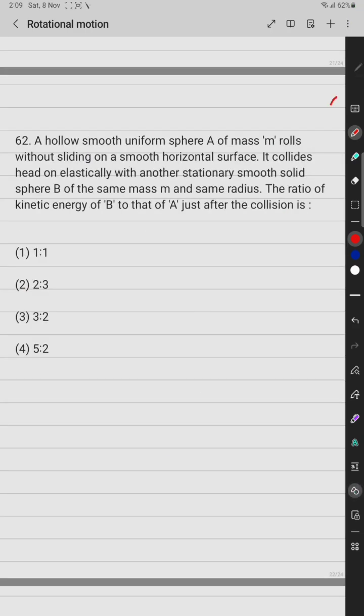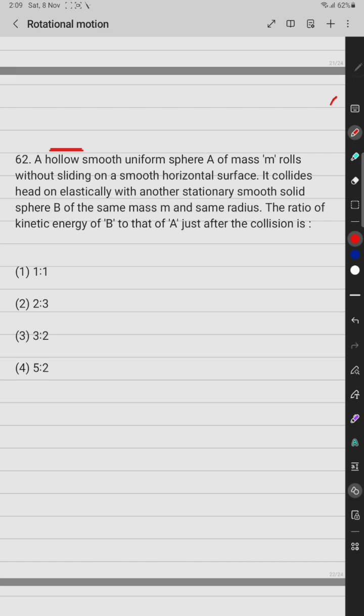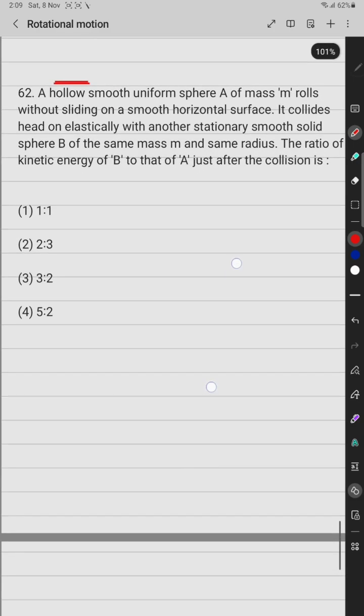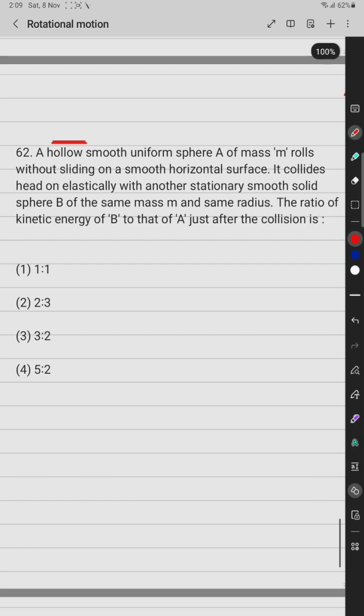In the given situation, a uniform hollow sphere. It is a hollow, smooth uniform sphere of mass m that rolls without slipping on a smooth horizontal surface.